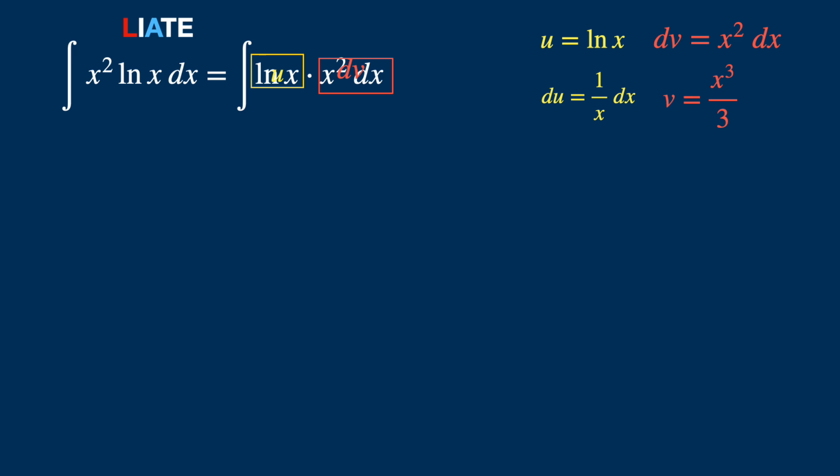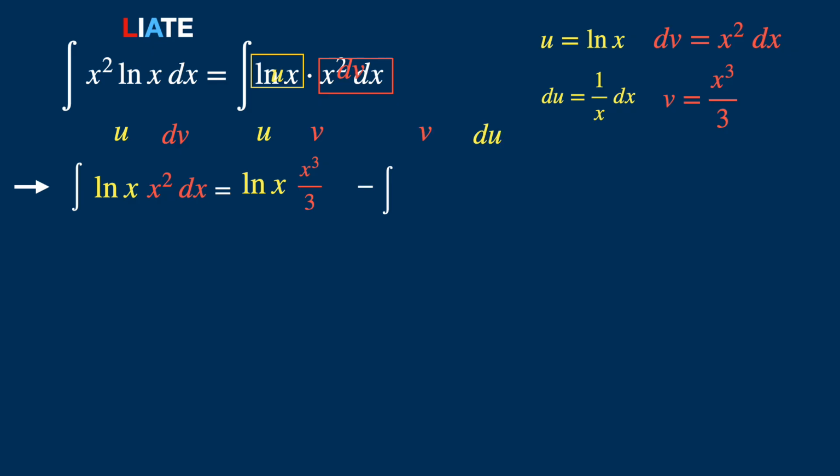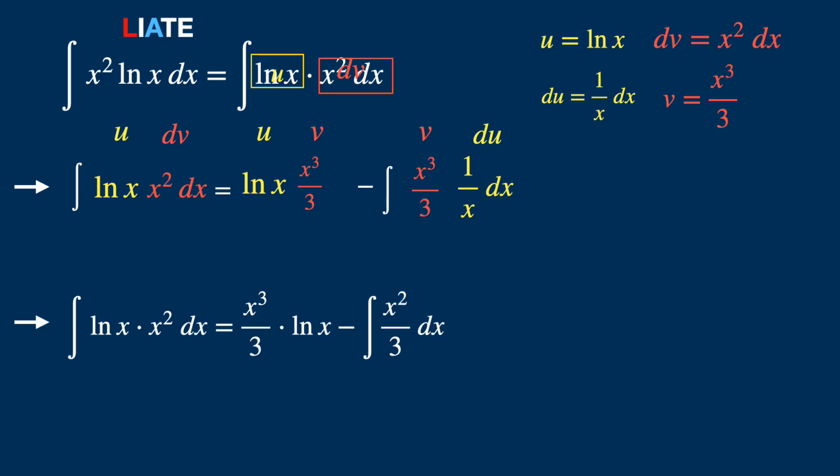So now plugging back into the integration by parts formula. u dv is ln x times x squared dx. uv is ln x times x cubed over 3 minus integral of v du, x cubed over 3 times 1 over x dx. Can you simplify the function in the second integral? That's x squared over 3.